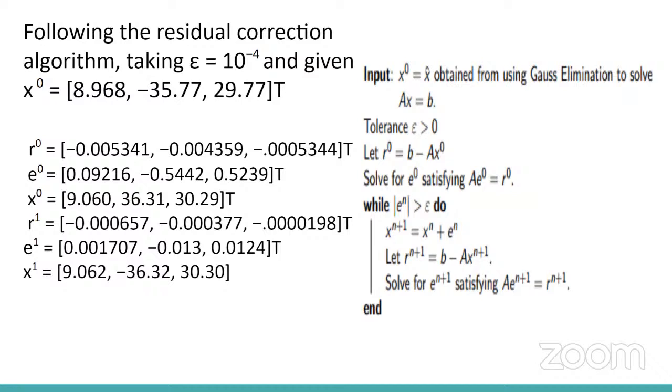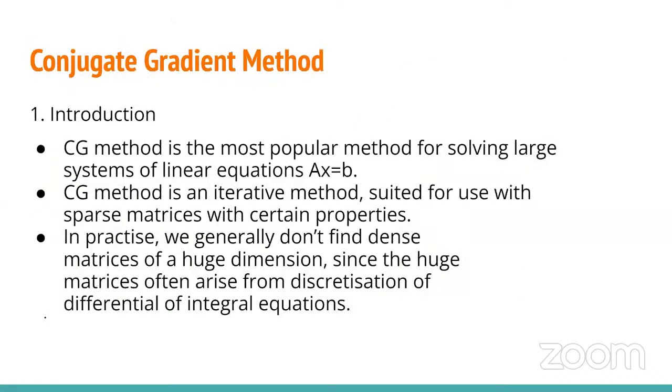Sorry about that. That should be your first iteration, which should be x1. Following the algorithm, is the next slide.